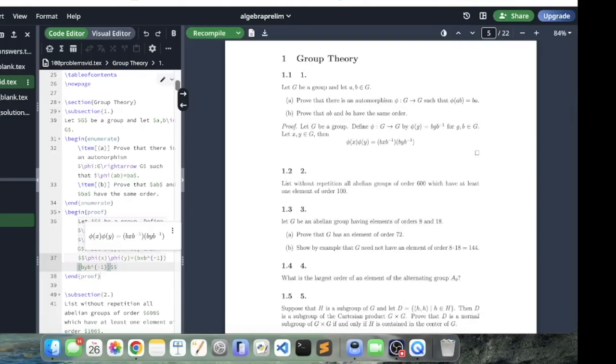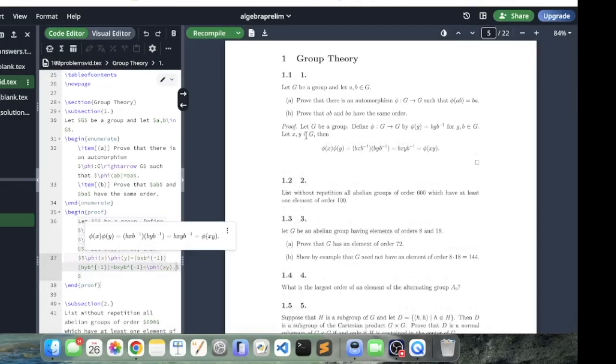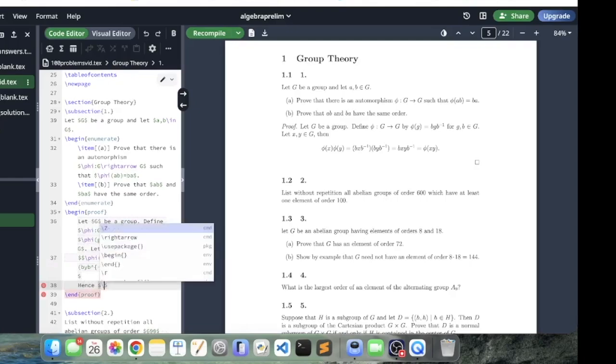But you'll notice those middle terms, the B inverse and B, cancel out, and so we just get what we want, which is definitely phi of x times phi of y. So for any 2 arbitrary elements in the group, the image of the product maps to the product of the images as desired. Hence, phi is a homomorphism.